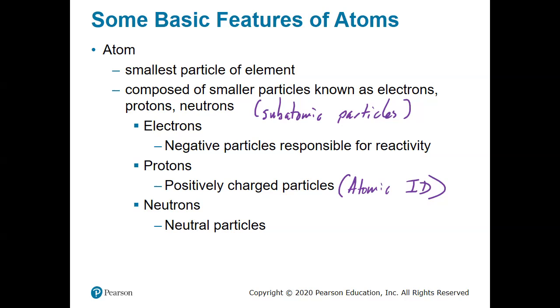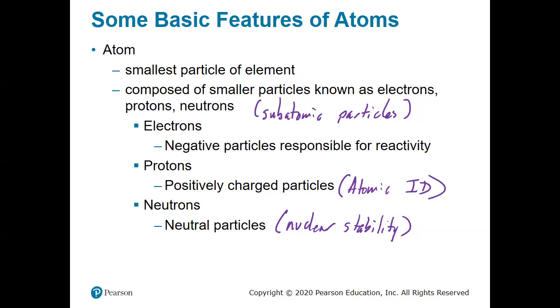And then finally, neutrons are neutral particles. We also find them in the nucleus. Their primary responsibility is nuclear stability.